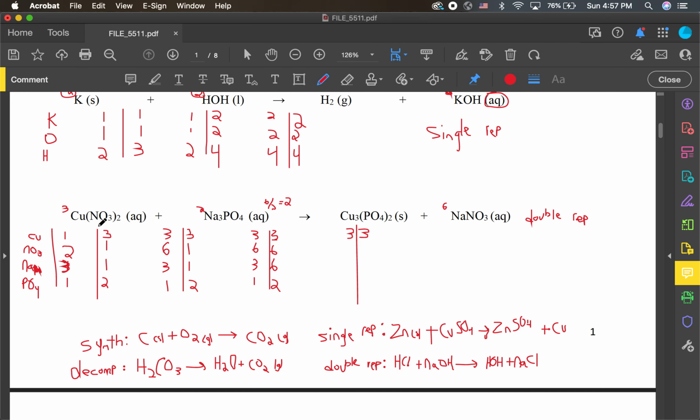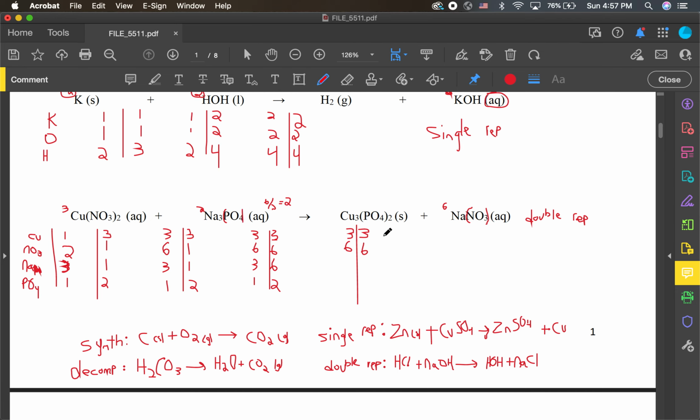Now NO3, we have 6 of those, 3 times 2. Still have 6 NO3s here. Kind of draw a little parentheses around these to keep it straight, and we'll draw parentheses right here too. Make it easy on us.